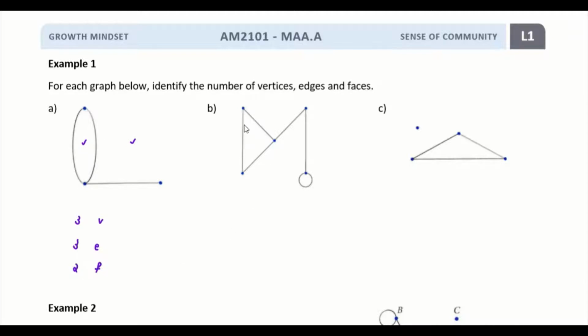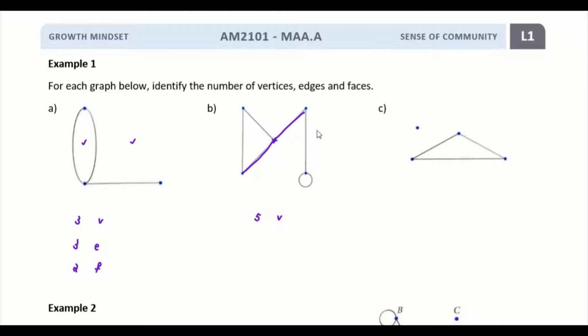All right, so B, 1, 2, 3, 4, 5. So 5 vertices. How many edges? 1, 2. Remember, although from this vertex to this vertex it seems like 1 edge, whether you consider it as 1 or 2 depends on the vertices that split it. If there is no vertex here, then this is counted as 1.